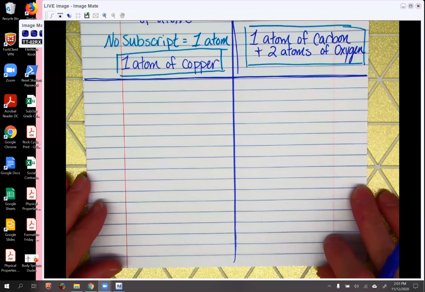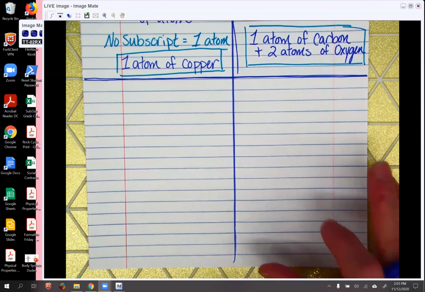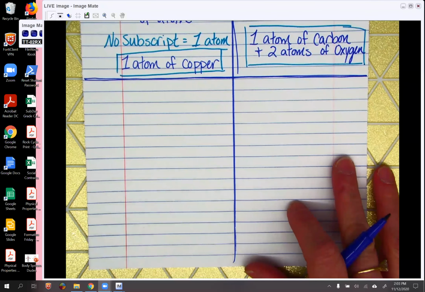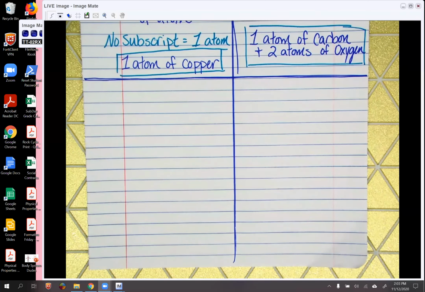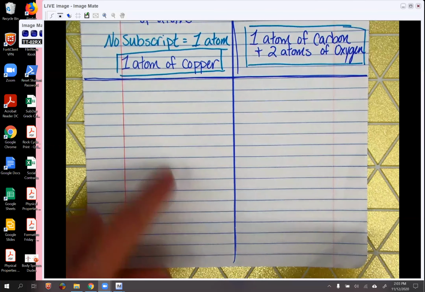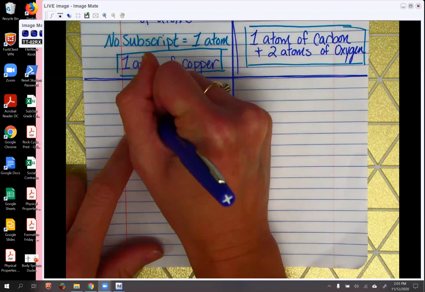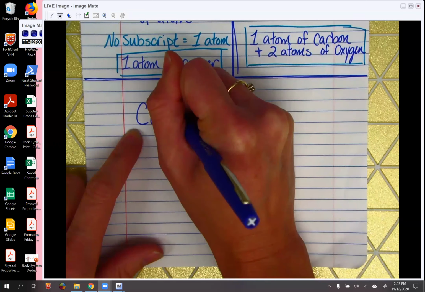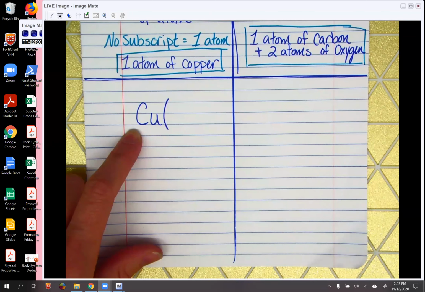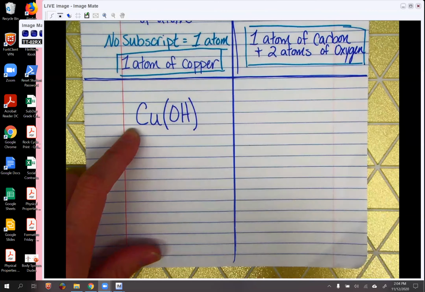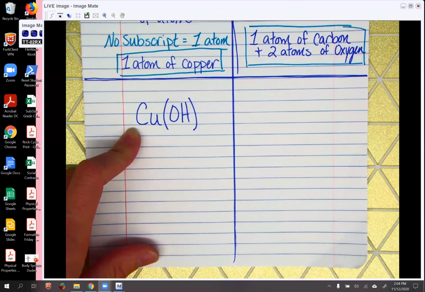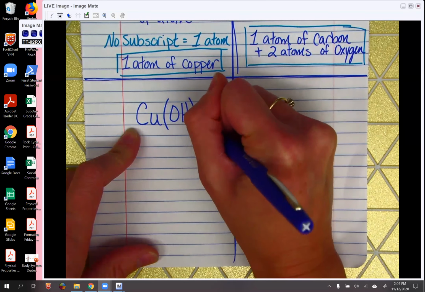All right. So first we had an element with a chemical symbol. Then we had a subscript, which told us how many of that type of atom. The next thing we're going to have is groups. So our example of this is going to be Cu, open parentheses, OH, close parentheses, and then a 2.